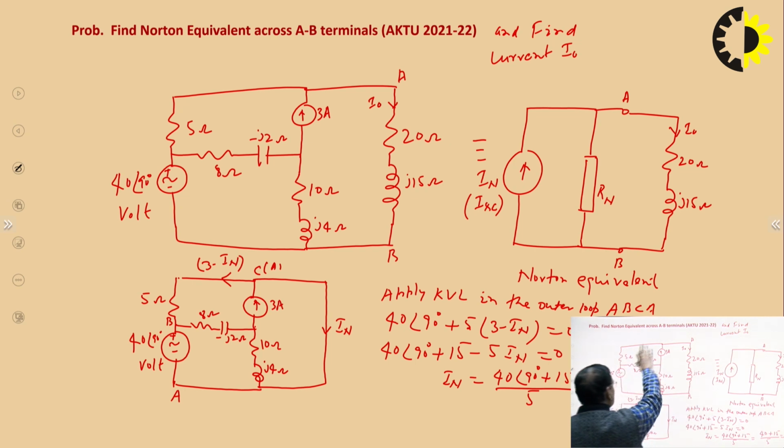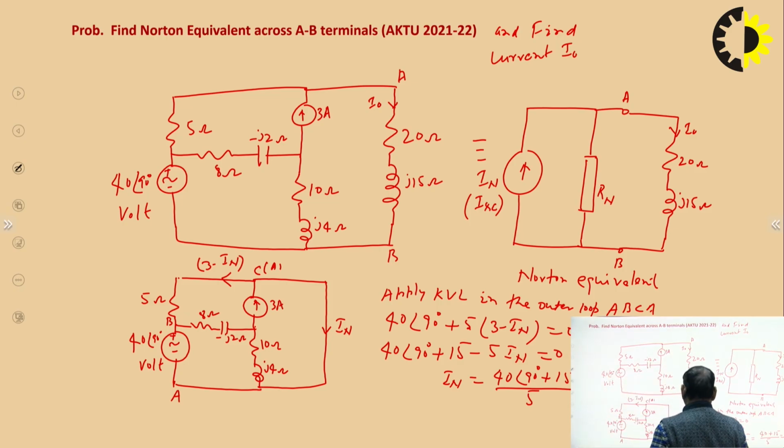Initially the circuit looks very complicated, but if you go for the simplification, it is a very simple circuit. Writing only one equation, we can get the IN. So this IN is 11 ampere.